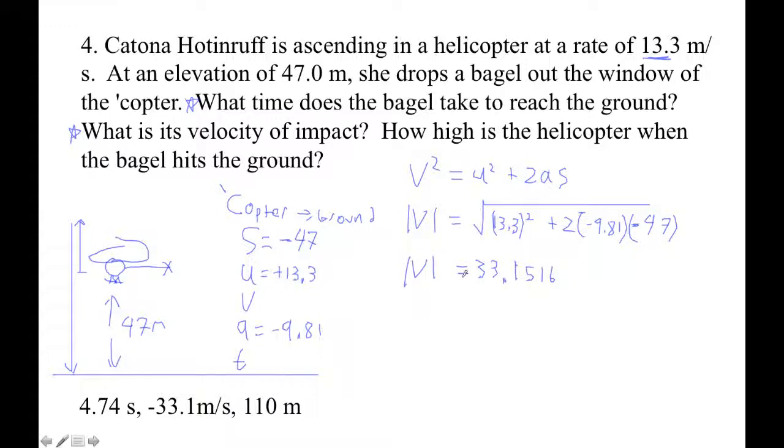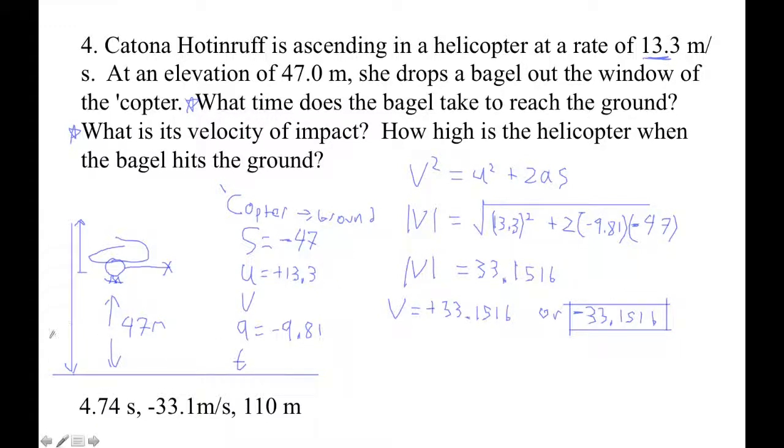Now, what that means is that the velocity could be positive 33.1516, or it could be negative 33.1516. I think that when the bagel hits the ground it's going down, so the only thing that really makes sense here is this one.